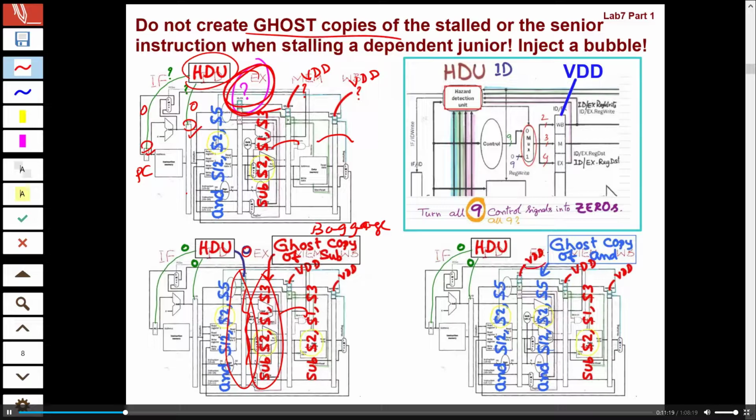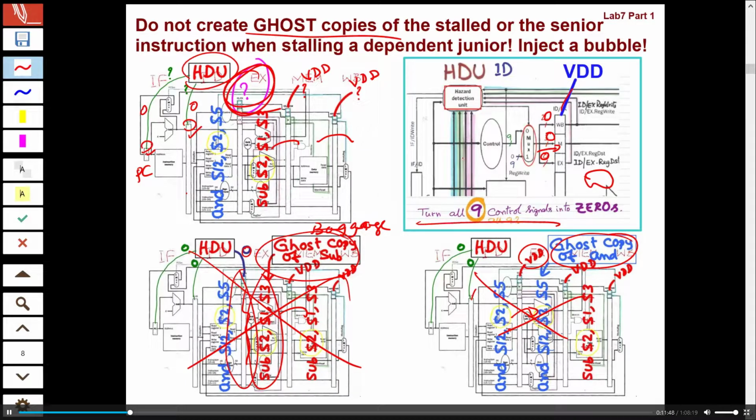On the other hand, if you make it VDD, then this instruction who is held here also progresses. You are creating a ghost copy of the junior, you are creating a ghost copy of the senior. These are not good. What is correct is I need to connect VDD but drop in the signals which are all zeros for control signals. Thereby we are sending a bubble.